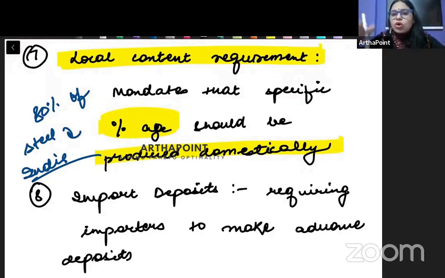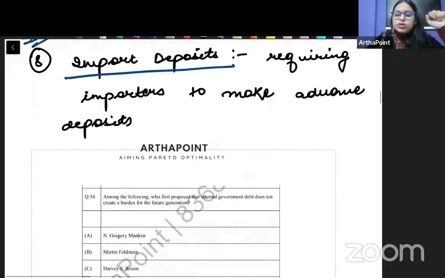That is called local content requirement. Okay. Last is your import deposit. Now what are we saying? We are saying that if you want to import, you will have to make an advance deposit. You need to make some advance deposit, only then you can import. That is called import deposit.